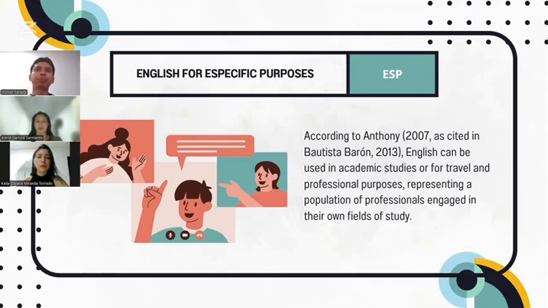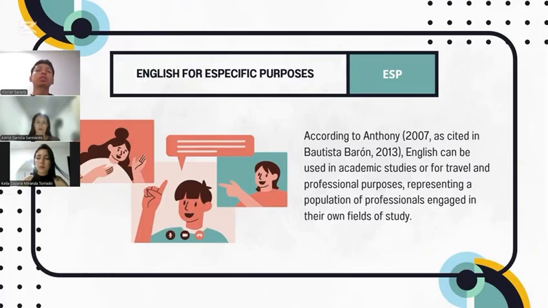Another use that Anthony 2007 explains is that English can be used in academic studies or for travel and professional purposes, representing a population of professionals engaged in their own fields of study.